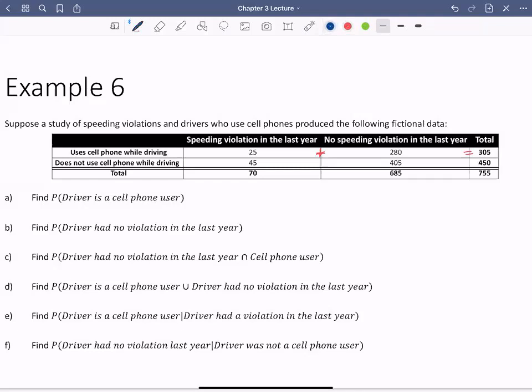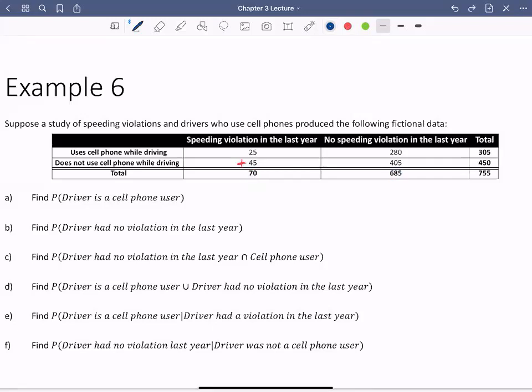Same thing here. If I take 45 plus 405, that gives me 450. Likewise, if I go straight down here, 25 plus 45 is 70, and 280 plus 405 is 685.